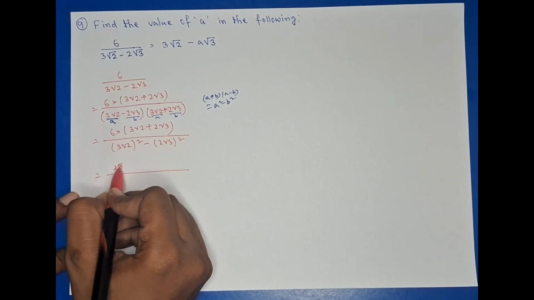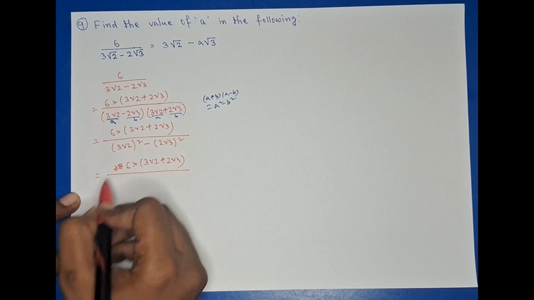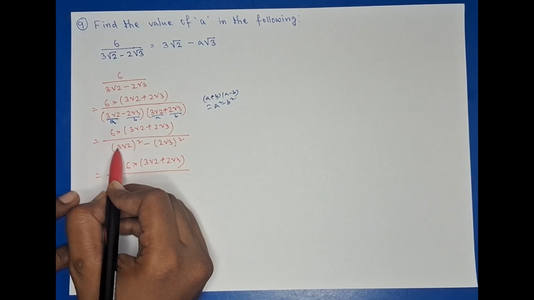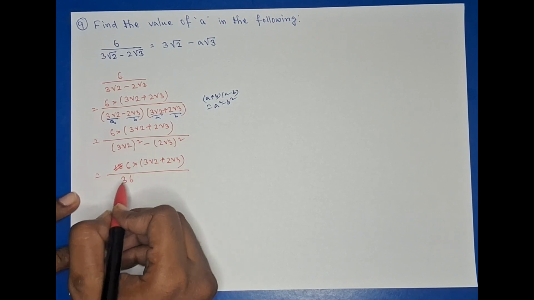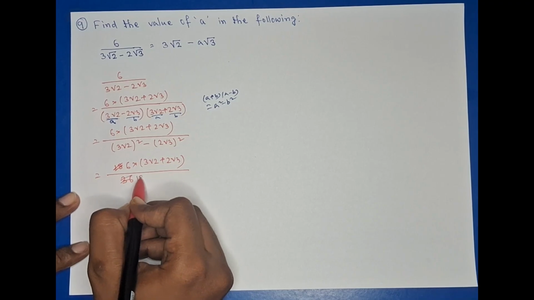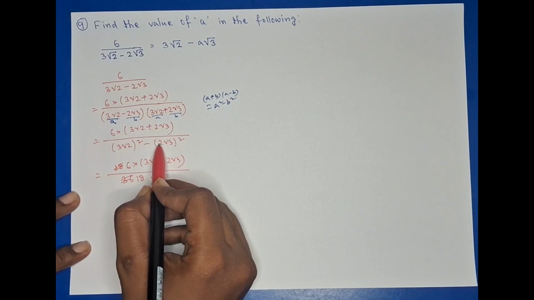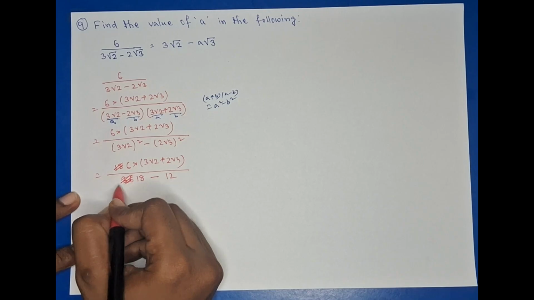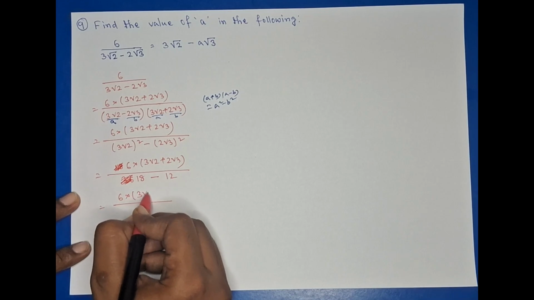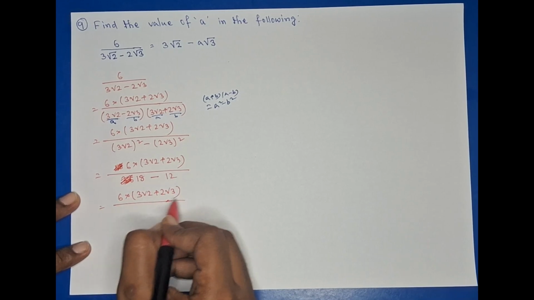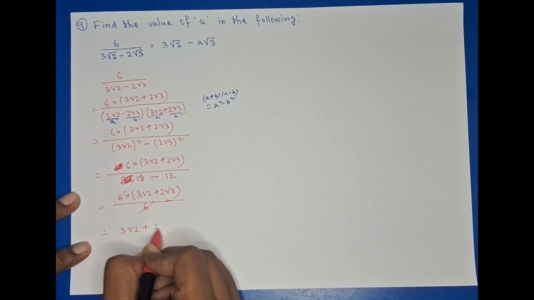Let us not multiply, we will multiply it later. 6 into 3 root 2 plus 2 root 3 by, let us see what it comes. 3 3 is a 9, 9 into 2, it is 18. And 2 root 3 square: 2 2 is a 4, 4 3 is a 12. Right? This comes out to be 6 into 3 root 2 plus 2 root 3 by 18 minus 12, which is equal to 6. 6 6 gone. 3 root 2 plus 2 root 3.